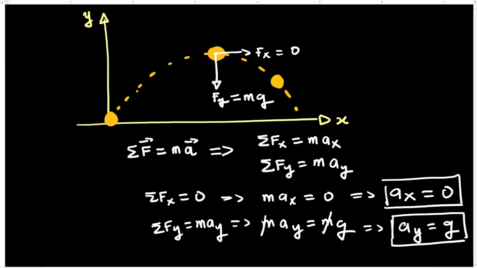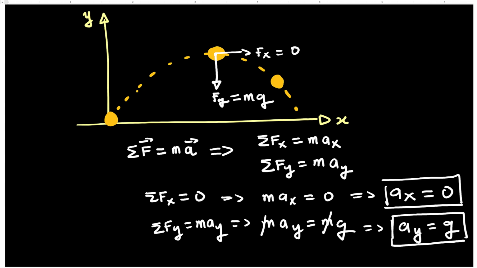So we have shown that the acceleration in the x direction is 0, and the acceleration in the y direction is constant, which is simply the acceleration due to gravity. What does this mean? If the acceleration in the x direction is 0, it means that the velocity in the x direction remains constant. In other words, the horizontal motion is uniform motion with a constant velocity.